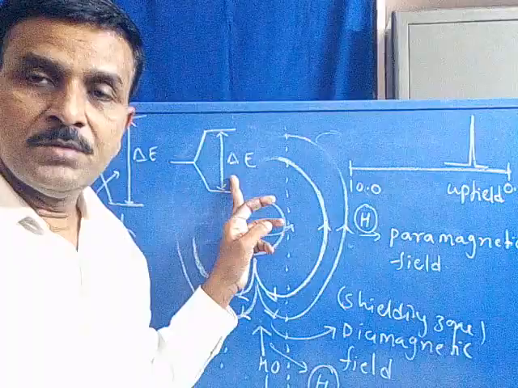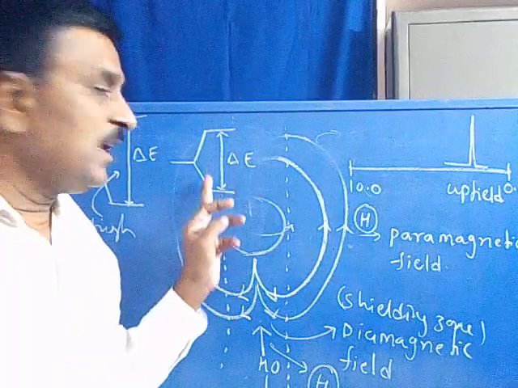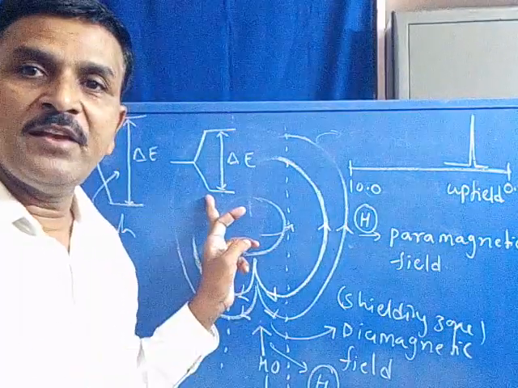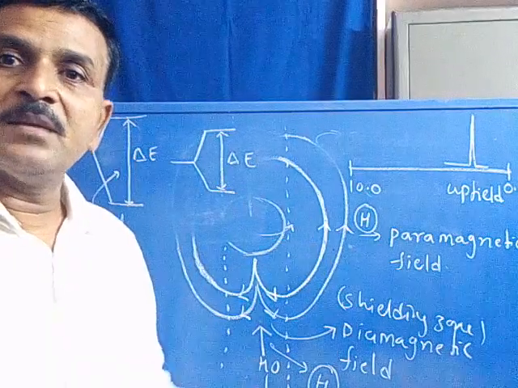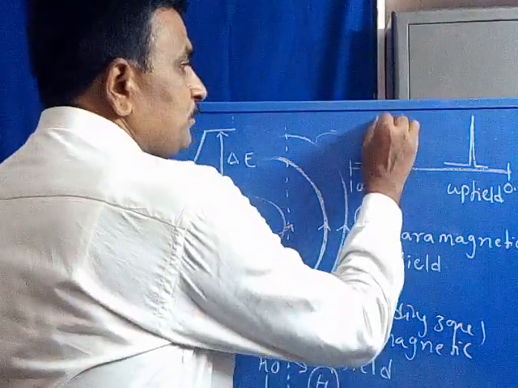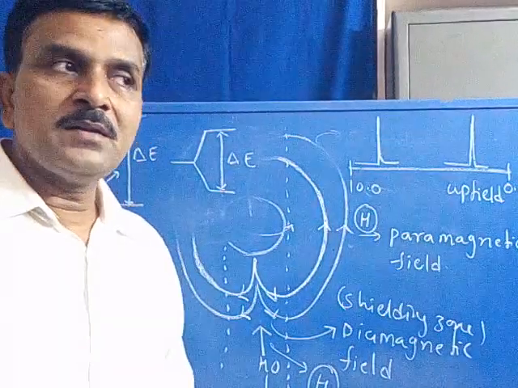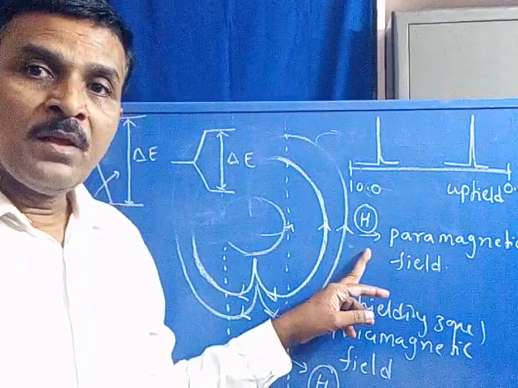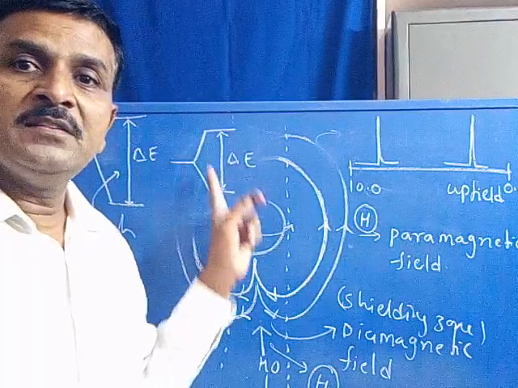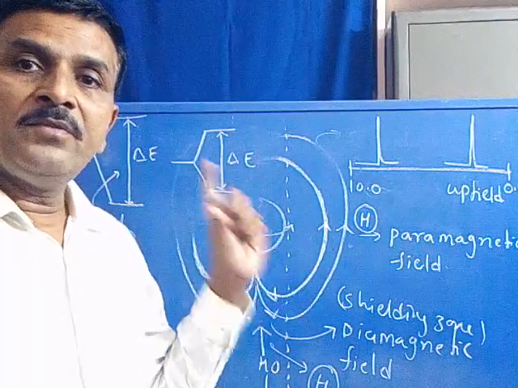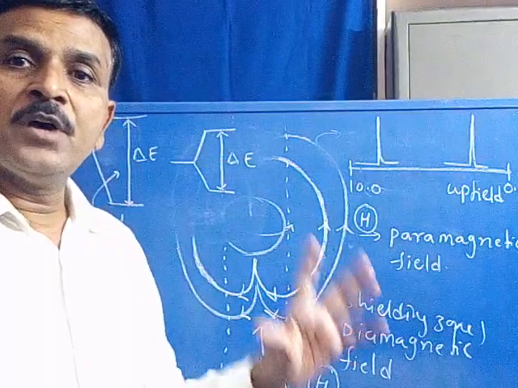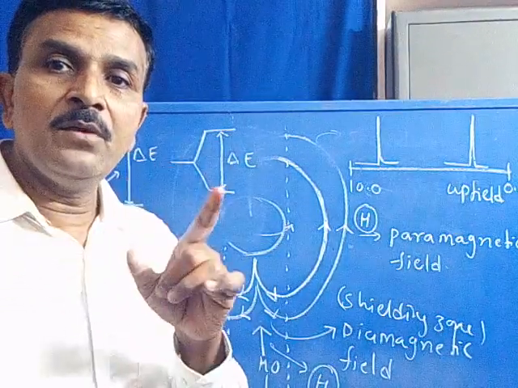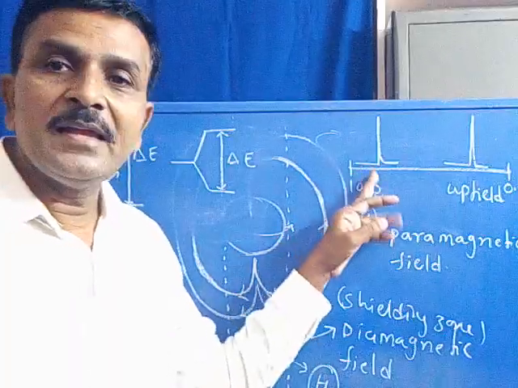So such protons, for their spin transitions, require lower energy and hence absorb energy at lower frequency values, and hence the signals appear at higher delta values. When energy is absorbed at a low frequency value, the signals appear at a higher delta value.